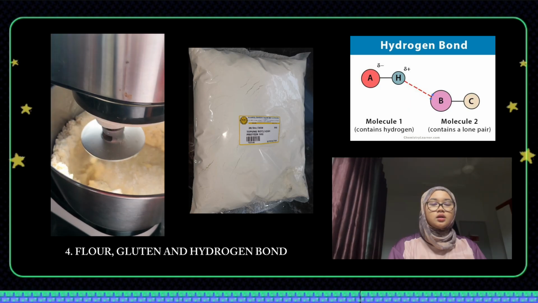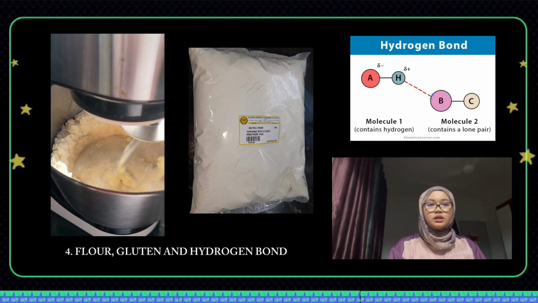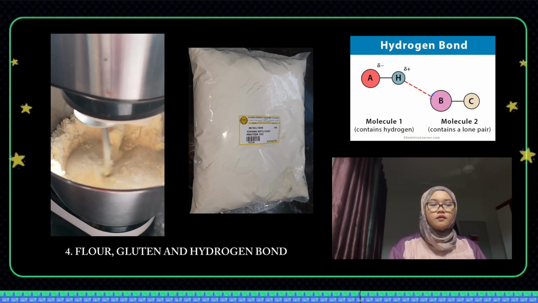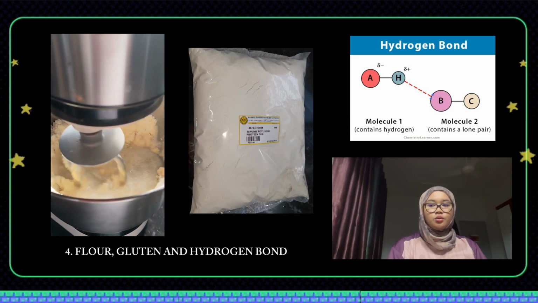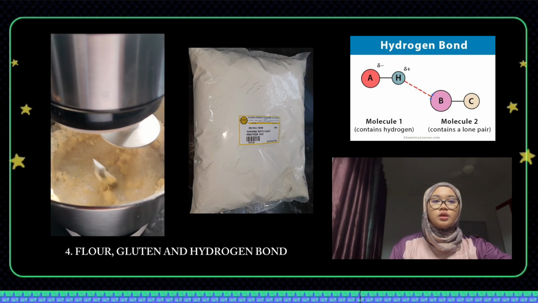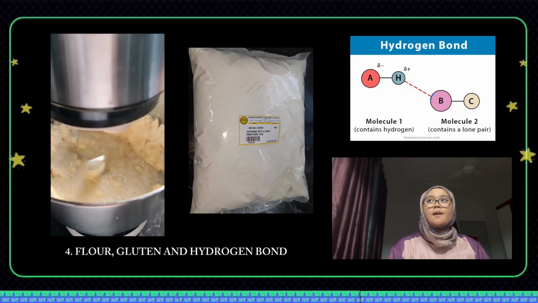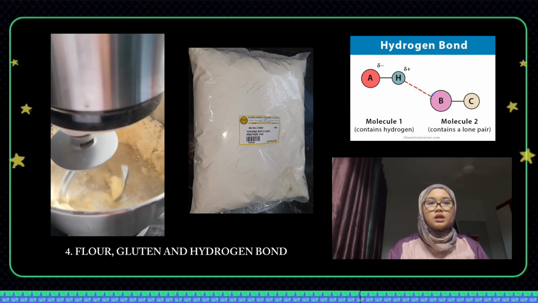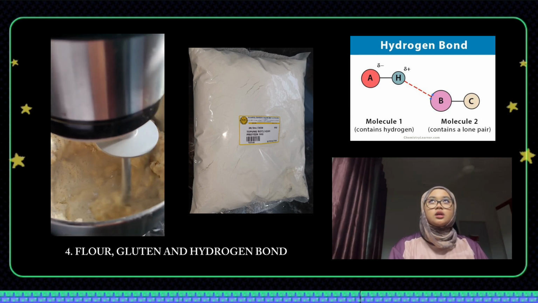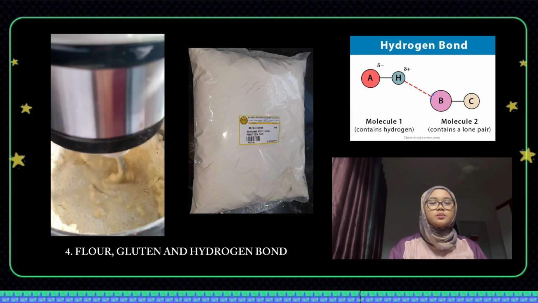The function of gluten is to make the dough elastic and chewy. When you mix the flour with water, egg and the other ingredients, the flour becomes a solid structure, but not as solid as rock. If you touch it, it is a little bit stretchy.